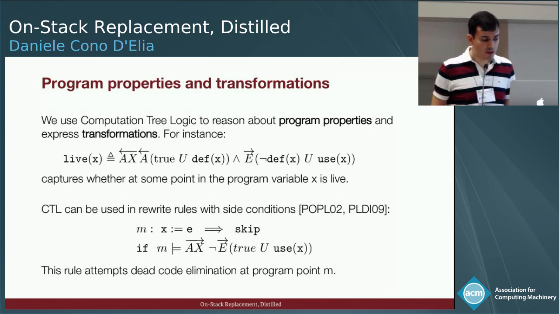Here we say that you can delete an assignment at location M if for all the control flow paths going through this location M, there is no eventual use of the variable X, so the statement is trivially dead.